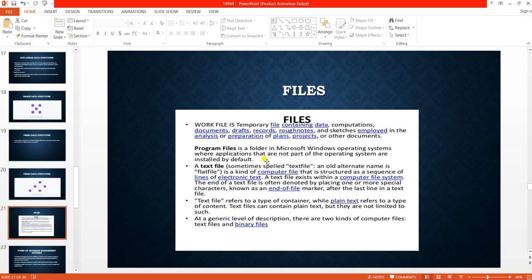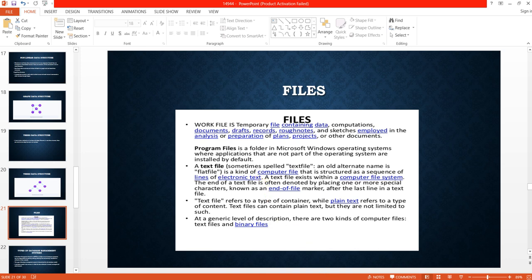You can just check the program files in your computer on your C drive, so they refer to your program files as those files. And also we've got the text file, which is a kind of computer file that is structured as a sequence of lines of electronic text.